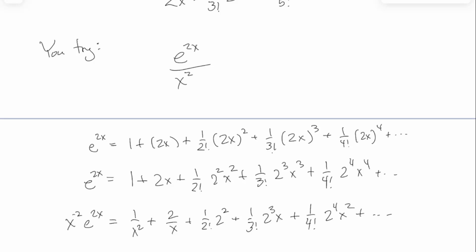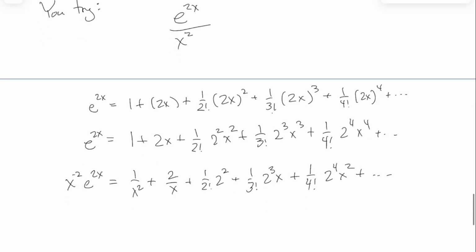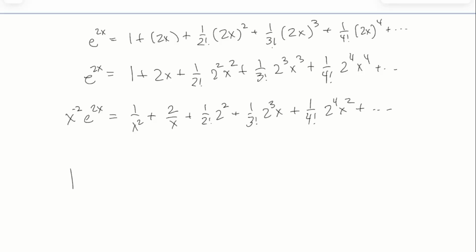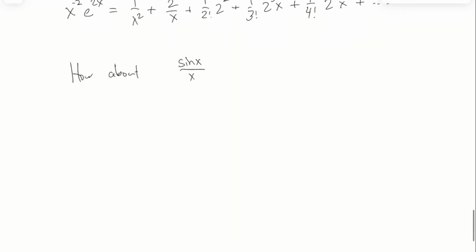Can I do one more, just a very quick example? We've got 5 more minutes left. Very similar trick, but this is actually a little bit easier. How about sine of x over x? I find this one a little bit satisfying. Sine of x, of course, is just x minus 1 over 3 factorial x cubed plus 1 over 5 factorial x to the 5 minus, etc., right?